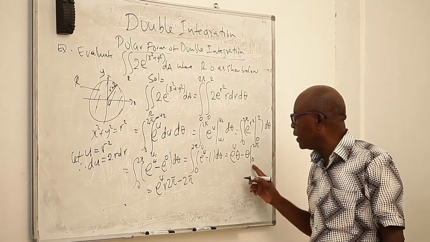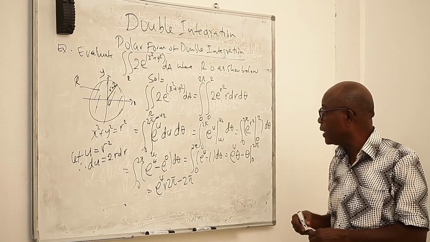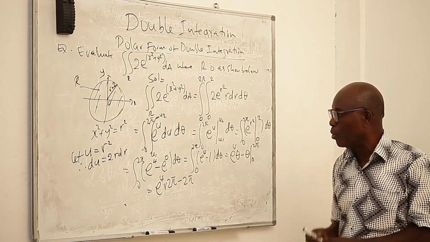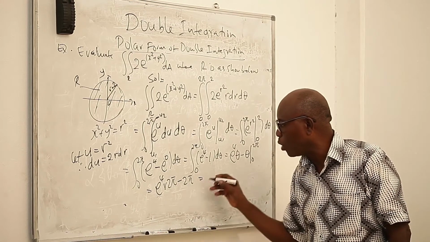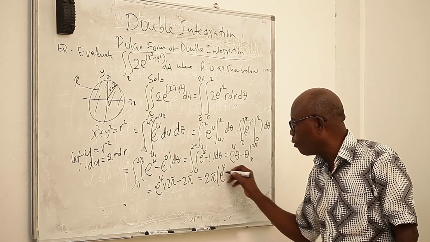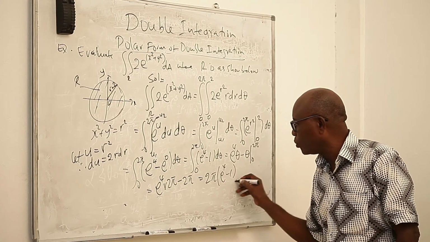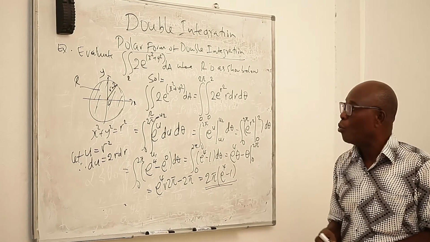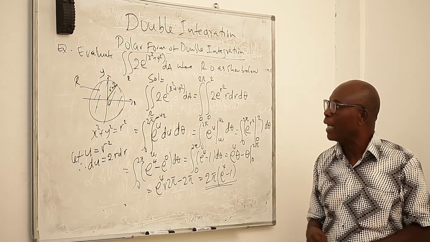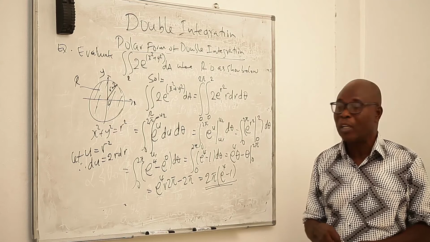Then the lower limit is 0. If you put 0 here, it becomes 0. And so 2π is common, so 2π can come out: 2π(e^4 minus 1). And that is how we find the double integral using the polar form.